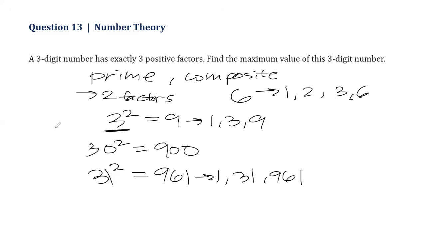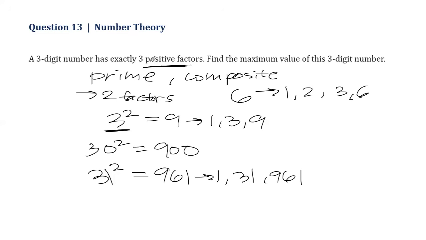So we have to find some squared number, the maximum such number with 3 digits. That's right? Yes, but it's not just a square. It should be the square of a prime number because you want exactly 3 factors.